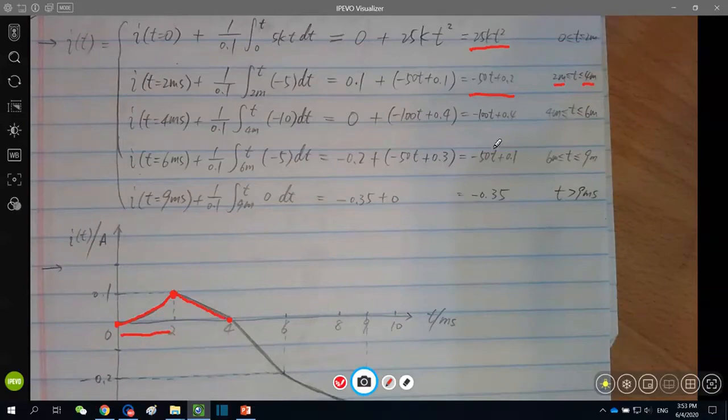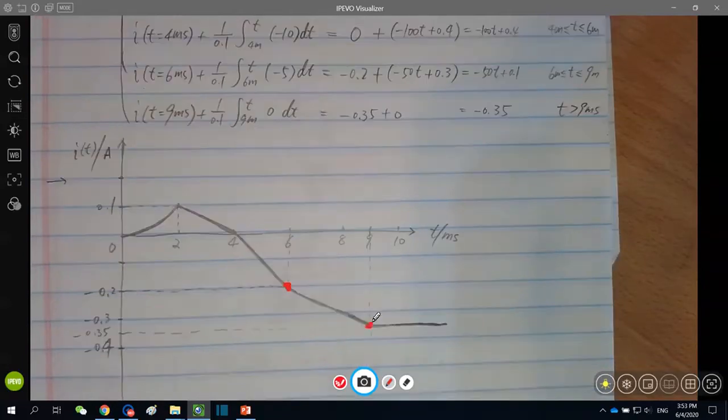That's it. Third one, similarly: choosing starting moment 4 milli and ending moment 6 milli, we end up with 2 points as well, and a straight line again. Fourth one, 6 milli to 9 milli, giving you 2 points here and here.